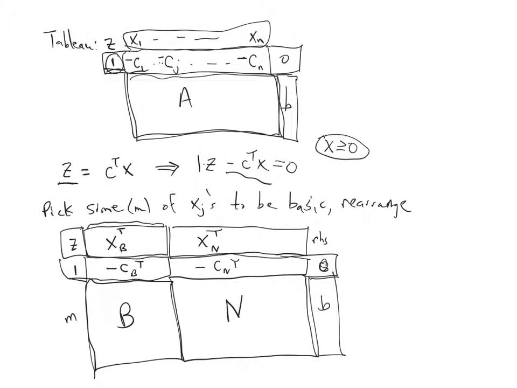Now, the amazing thing here is, notice that this column is all zeros, because the z we introduced for the first row is the only place it occurs. It's kind of a fake variable.